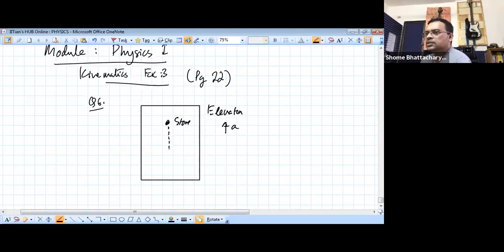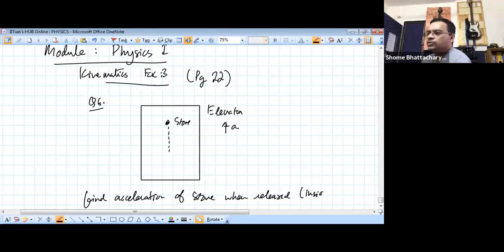So it starts falling down the moment it is released. But now the question that has been asked is you have to find the acceleration of the stone when released inside the elevator.